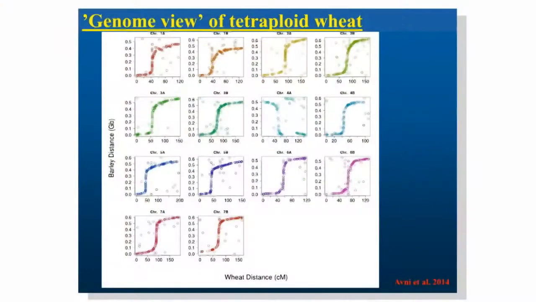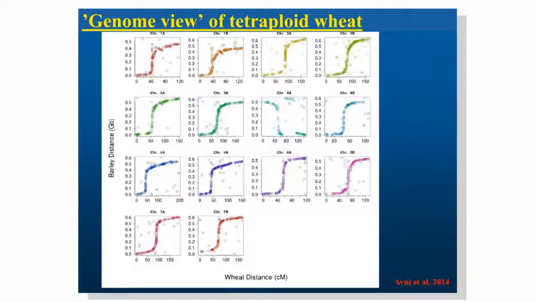And so when you compare the markers, on the x-axis is the genetic distances in wheat to the genome of barley, you can study collinearity because the gene order is preserved. And you can get a genome view of tetraploid wheat with this mapping population.